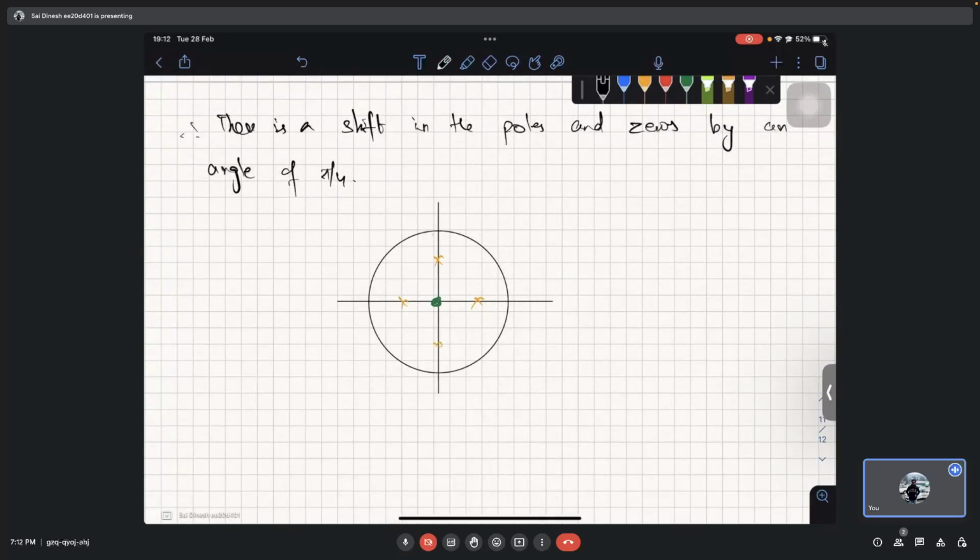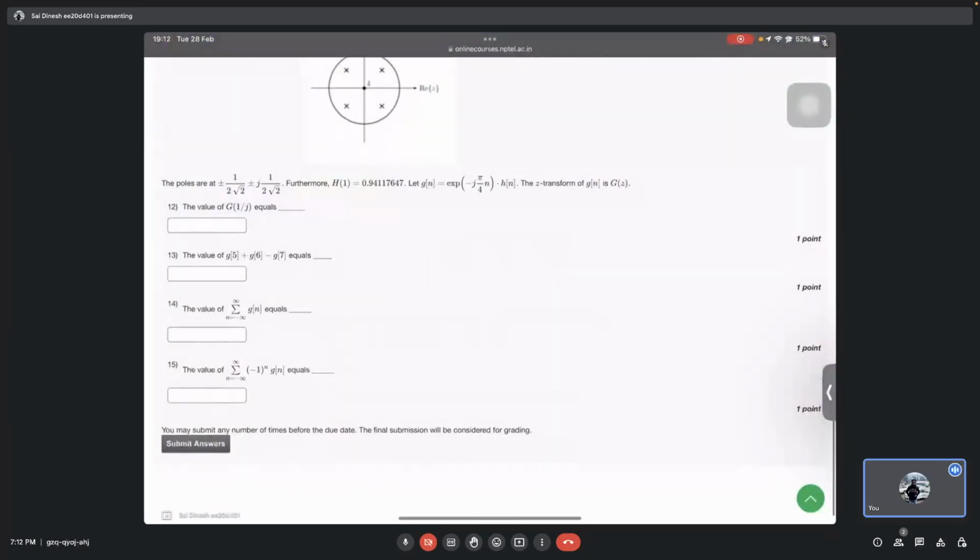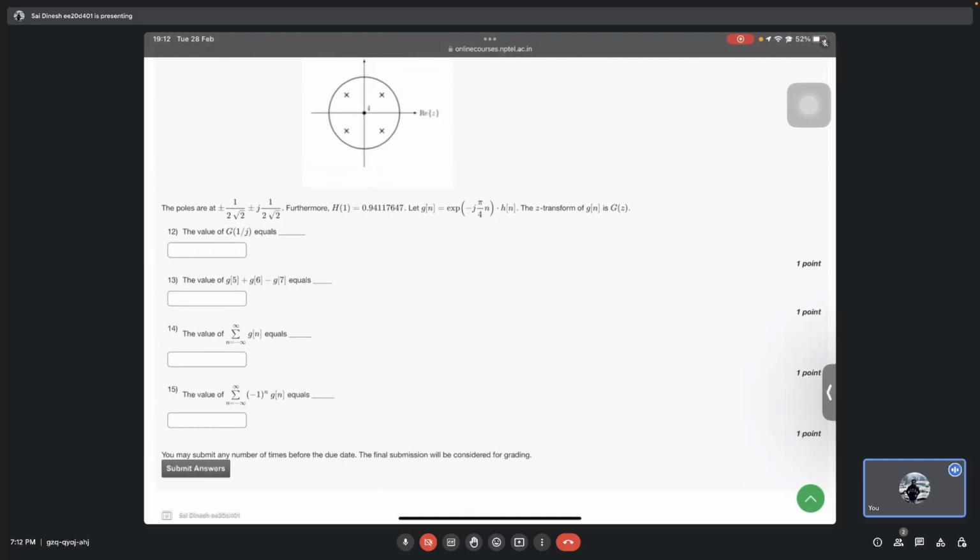Now the transfer function is actually reduced by a lot. So once we get the transfer function, we simply need to substitute the values. We know the actual poles, we shift them by minus pi by 4 in this case to get the new poles. Now we know the new poles and zeros, we find the transfer function and then substitute all these values to get the answers for 12 to 15.